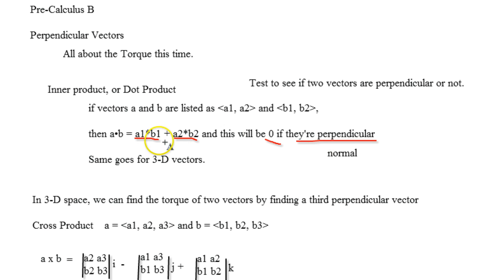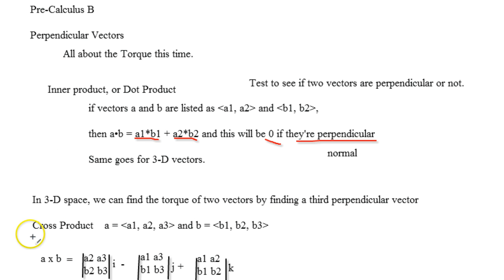Now it's going to be trickier in three dimensions, so don't worry if you get two vectors that are not perpendicular. In three-dimensional space, we can find the torque of two vectors by finding a third perpendicular vector. This is called the cross product.